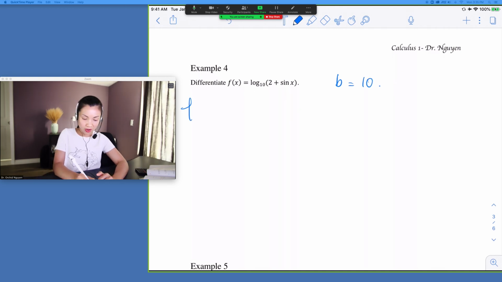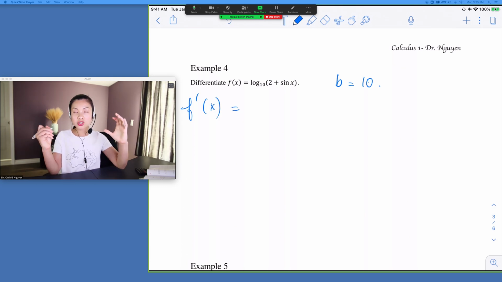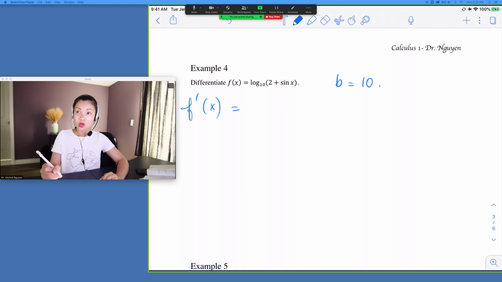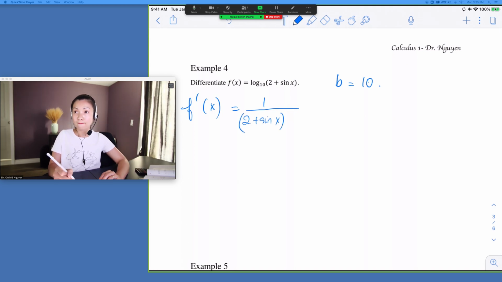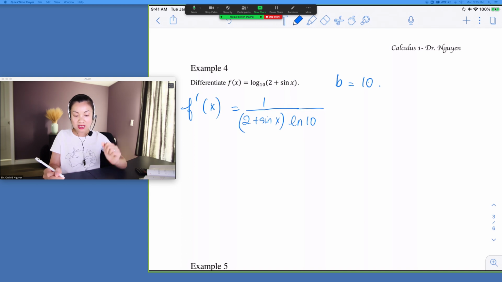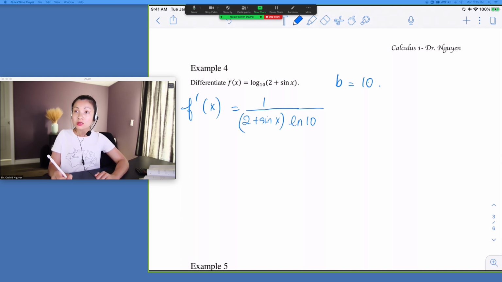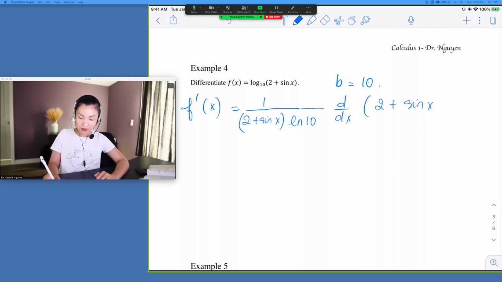So what I have for f prime, the outer function is the log function in this case. So it's going to be 1 over 2 plus sine of x times ln 10, because b is 10. And then we have to take the derivative of the inside, which is 2 plus sine of x.